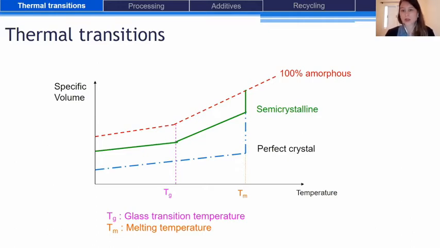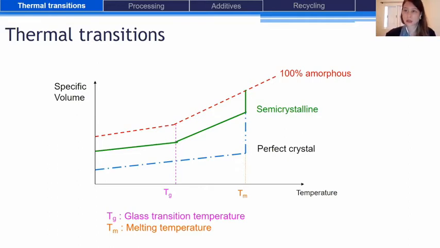But a 100% crystalline polymer does not exist. So either we have a 100% amorphous or a semi-crystalline polymer. In the case of a semi-crystalline polymer, we will have a glass transition temperature corresponding to the change of mobility of the amorphous portion, and a melting temperature corresponding to the melting of the crystalline portion.